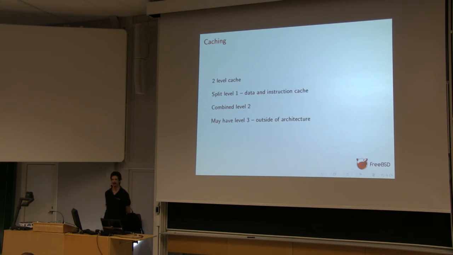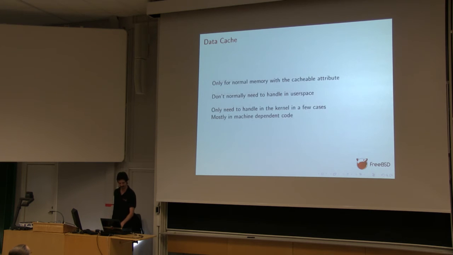Your hardware may have a level 3, but that's outside the architecture, so if you need to handle level 3, we're going to have to figure out how to do that. I don't think we've got any hardware yet which supports it, and it's a future project if we do finally get some.